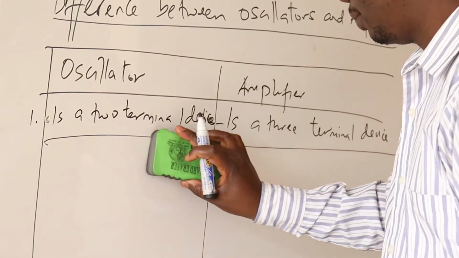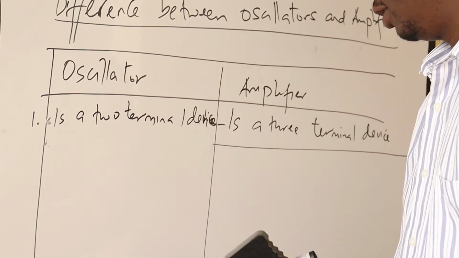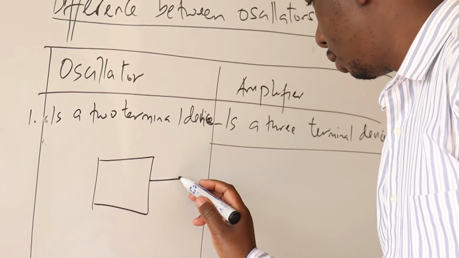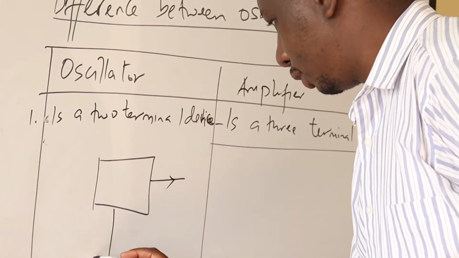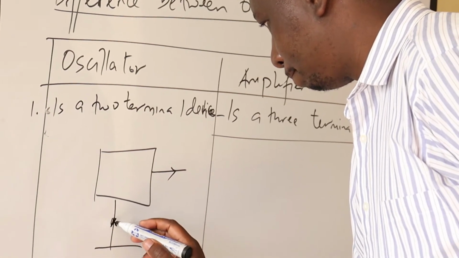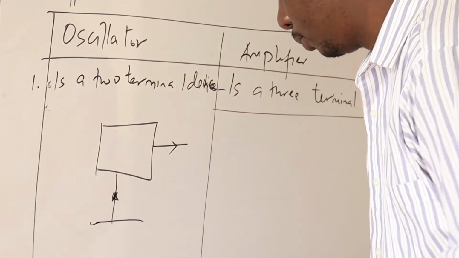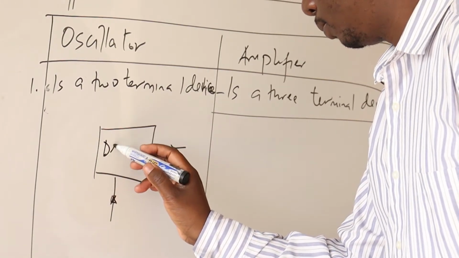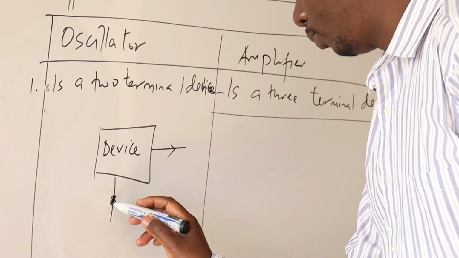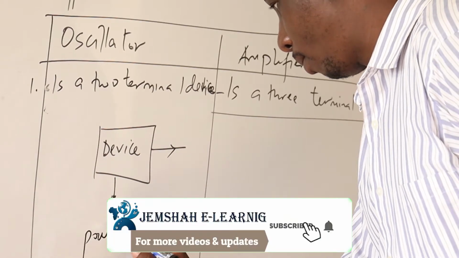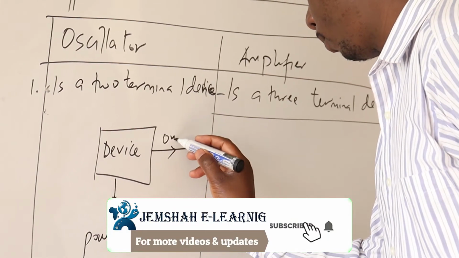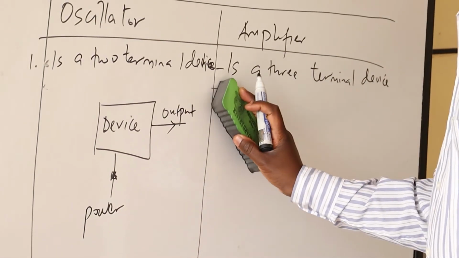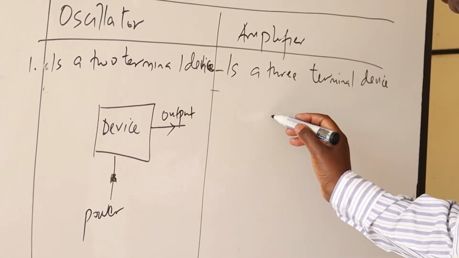What I mean by a two-terminal device is that an oscillator will look like this. This is an output, this is power. The three-terminal device appears like this.